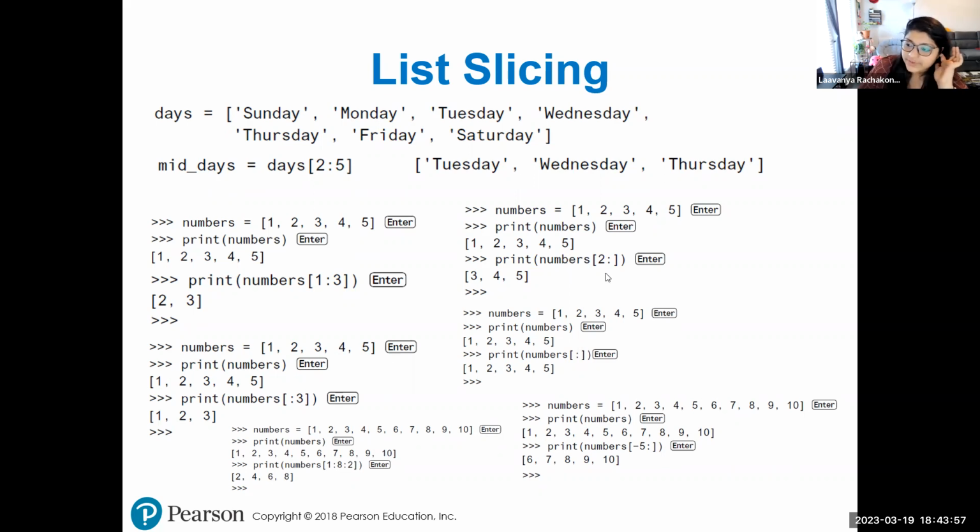If I did not specify the ending index, I will be having the length of my list as the ending index by default. So 2 colon: we are starting from position 2, that is 0, 1, 2. So the output is 3, 4, 5. If you do not specify the starting index and ending index, the starting index is taken as 0 by default, and the ending index is the length of the list. So you are printing the entire list.